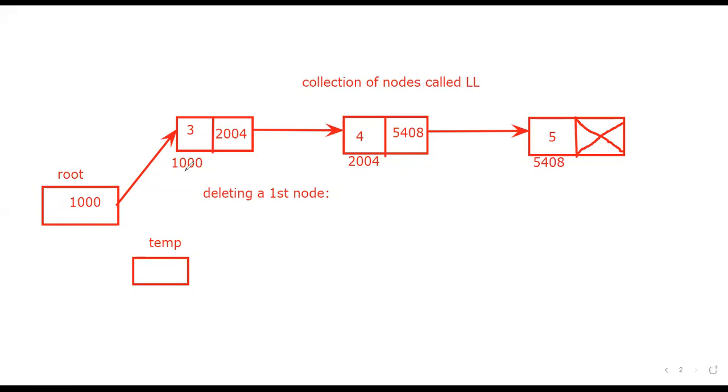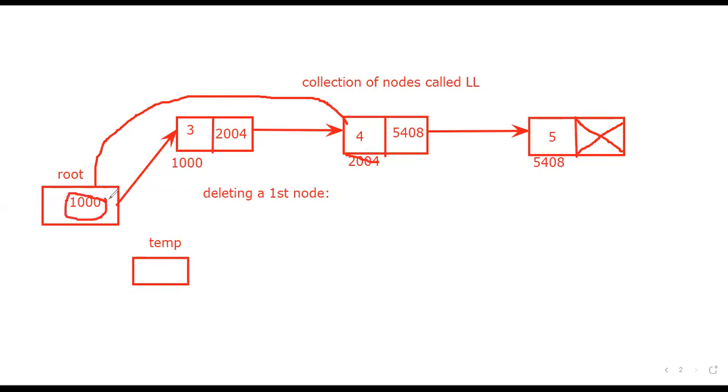So you need not break the chain or break the train. Here also the same thing happens. First of all, you should point the immediate node to this root variable or root node. Then only it is possible to delete this first node. For this reason, we will store this 2004 location into this root node.